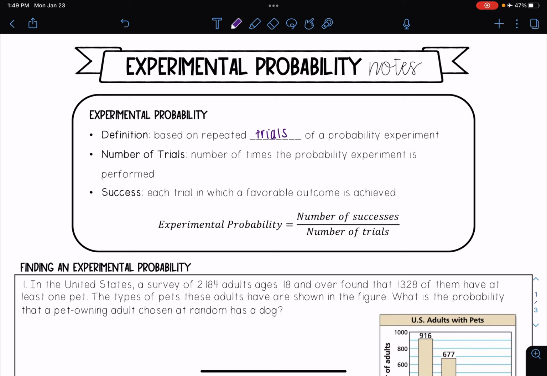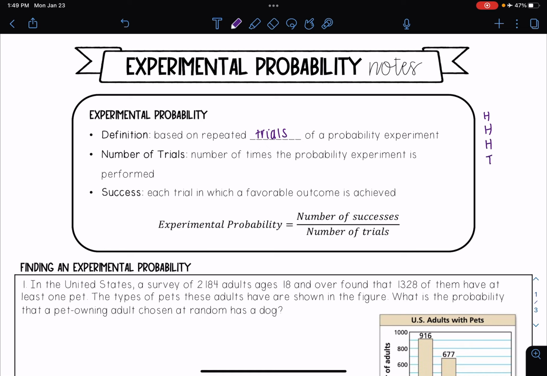And so here we can end up seeing a difference between experimental probability and theoretical probability. So looking at the same example of flipping a coin, when you're looking at the theoretical probability, you had a 50% chance of landing on heads. But let's say when we do a probability experiment, we flip the coin 4 times and we land on heads, heads, heads, and then tails.